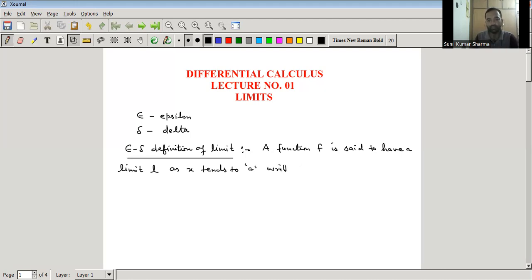We write this as limit x goes to a of f of x is equal to L.